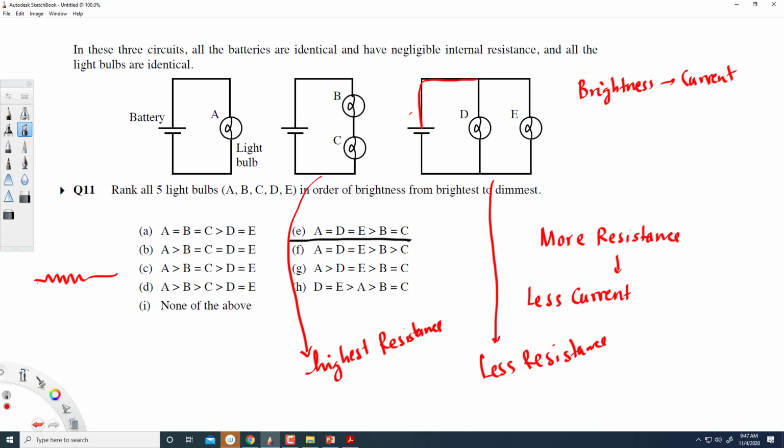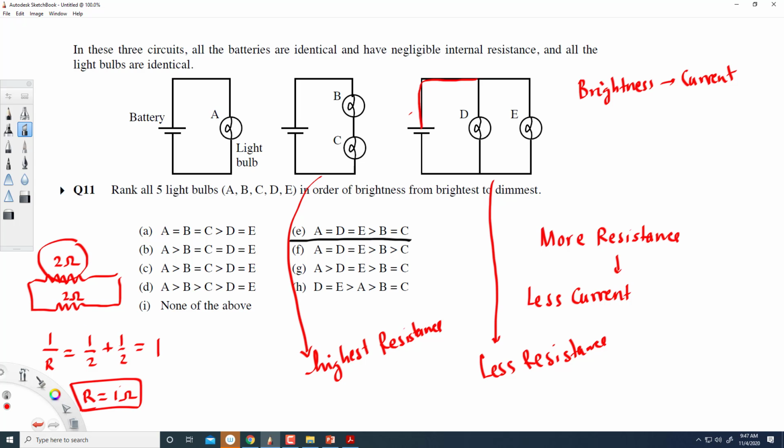What I mean is, if you have 2 resistors, let's say 2 ohm and 2 ohm in parallel, the equivalent resistance is given by 1 over 2 plus 1 over 2, which is 1. So R is 1 ohm. Each one has 2 ohm, but the equivalent is only 1.